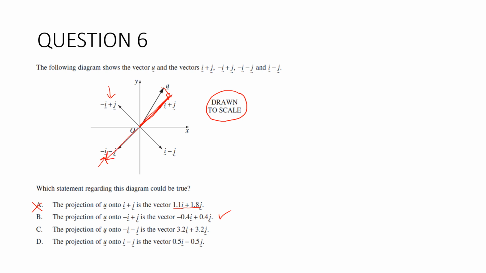So it's going to be that. Now, could that be 3.2i plus 3.2j? No, it could not. And then finally, the projection of u onto i minus j. And again, let's just rub that out. We're going to take that length of this vector here, so the length of that, but in this direction. Could that be 0.5i plus minus 0.5j? No, it couldn't. So the answer is B.